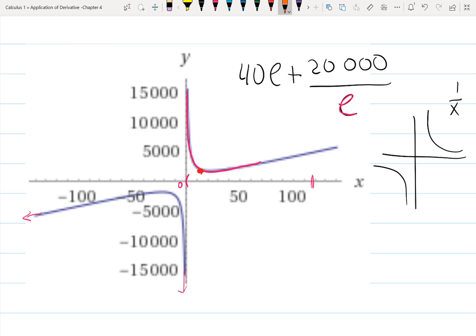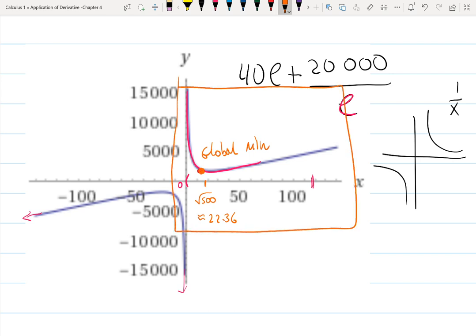And we know actually where. This point over here is the square root of 500, which is approximately 22.36. And it matches the graph really well. That's my global minimum on the domain for this piece. That's why I did not find the borders of the domain, to be honest.